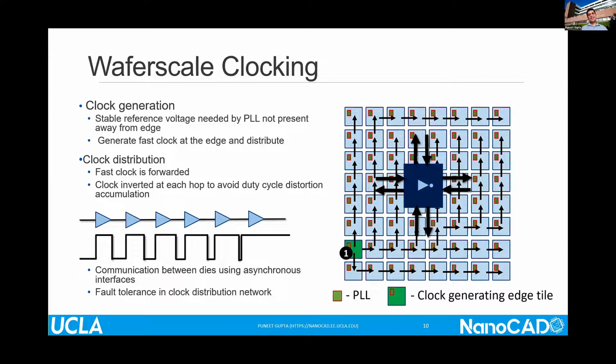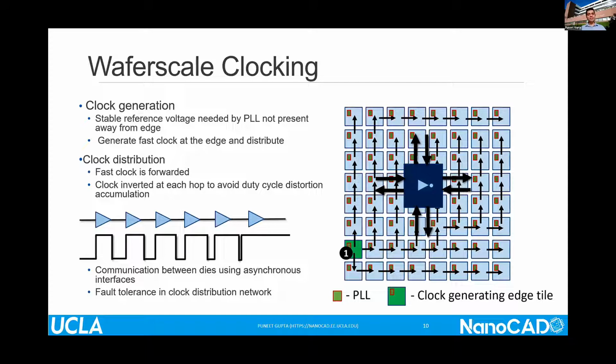On such a large substrate, providing a stable reference voltage all across the wafer is hard. So the approach we decided on was to supply that reference voltage only to one or a few chiplets towards the edge of the wafer, where the PLLs would be activated.